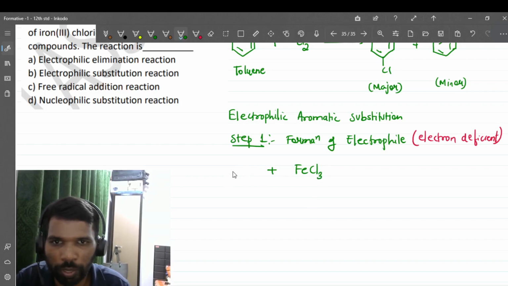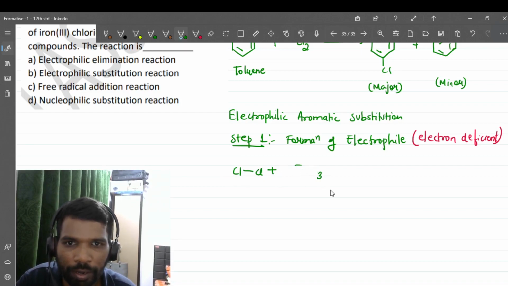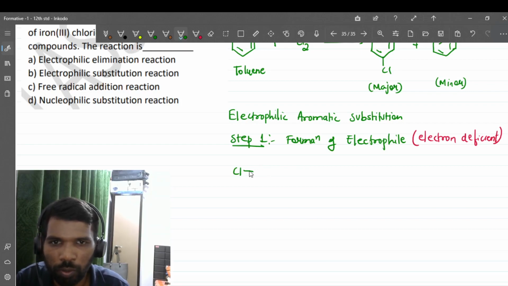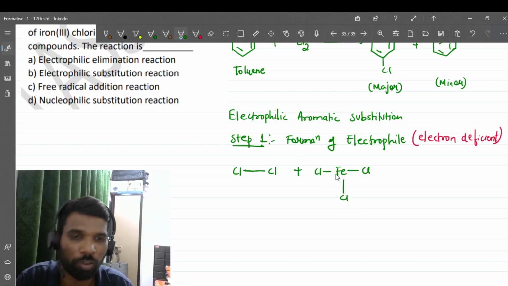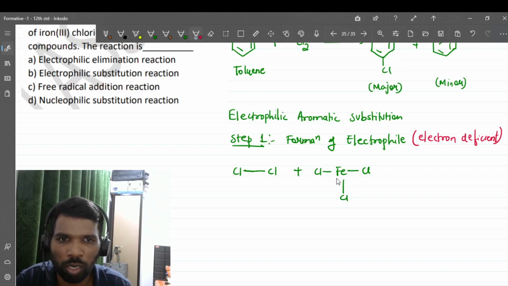I can write this Cl2 molecule, chlorine and chlorine, and this is Fe, with chlorines here. So this Fe is electron deficient. The reason is its octet is not complete, like 1, 2, 3, 4, 5, 6.